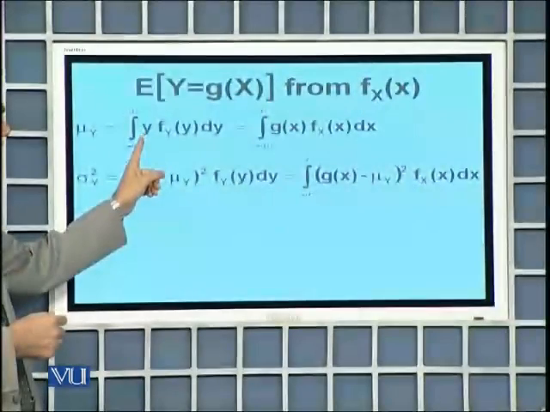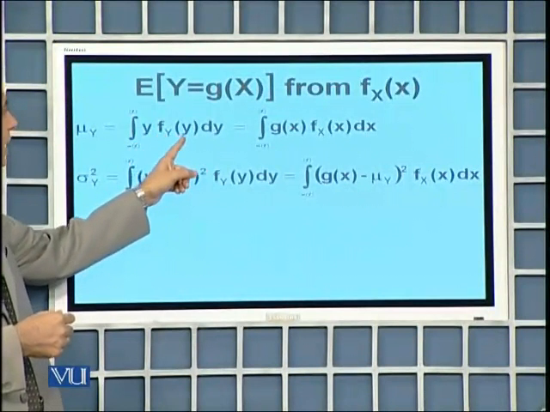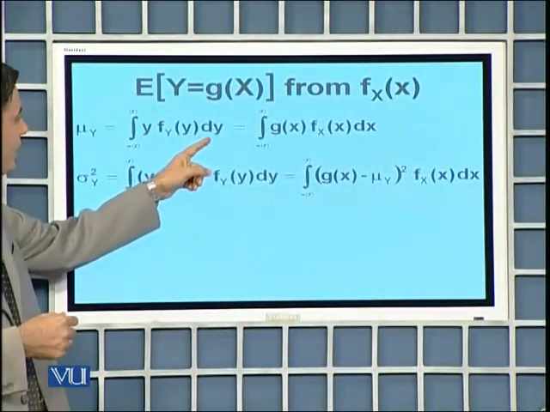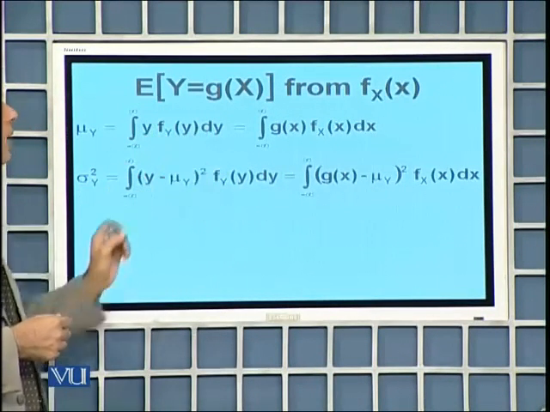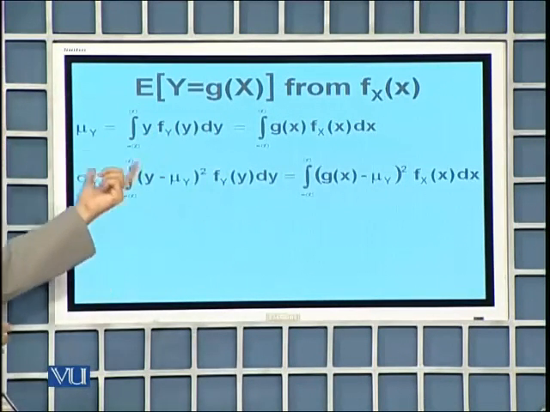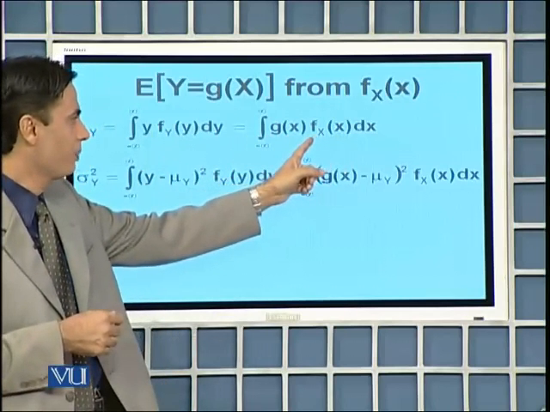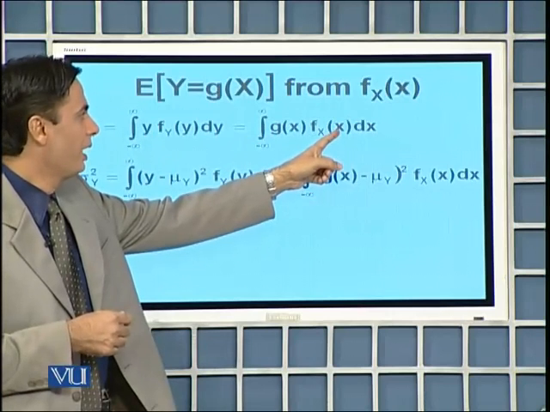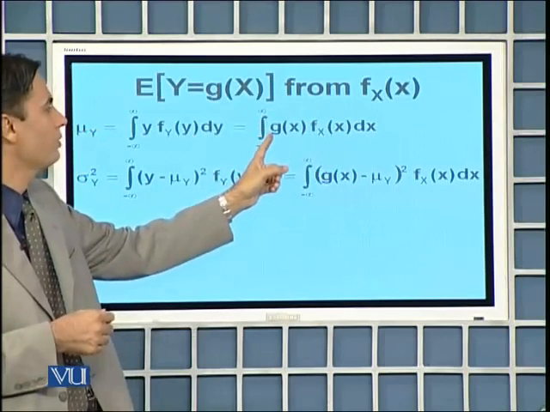In that case, you multiply y with the value of the PDF at this point y and integrate this multiplication over the whole range of y. But you can get the same answer by working with the PDF of x. So x takes on a value and you transform this value through this transforming function g.